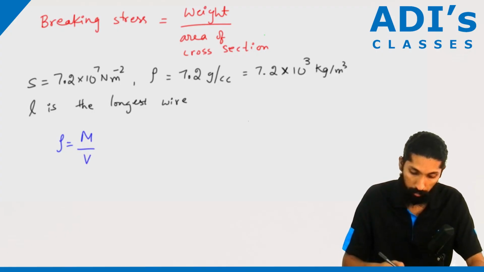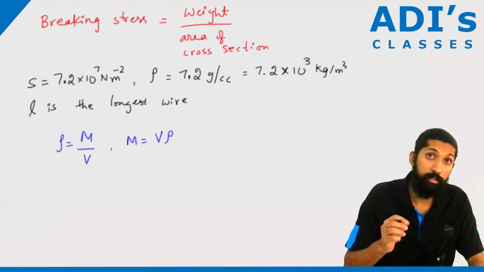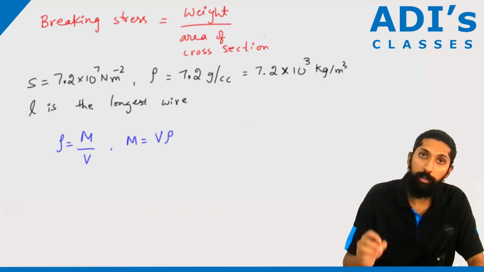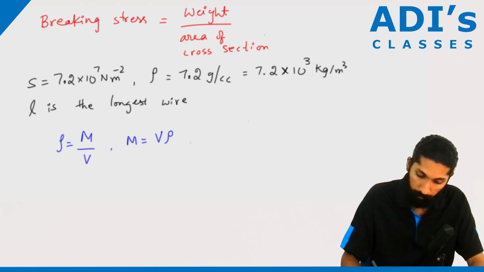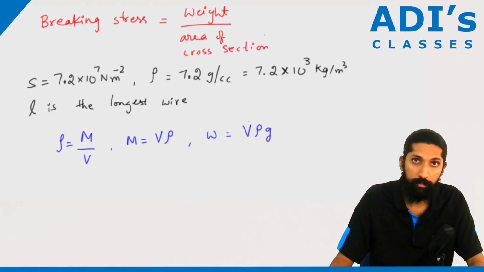So mass is equal to volume into density. This is mass, but we want weight. Multiply this by G. So the weight of the wire is equal to V into rho into G. Correct? So this is the formula.